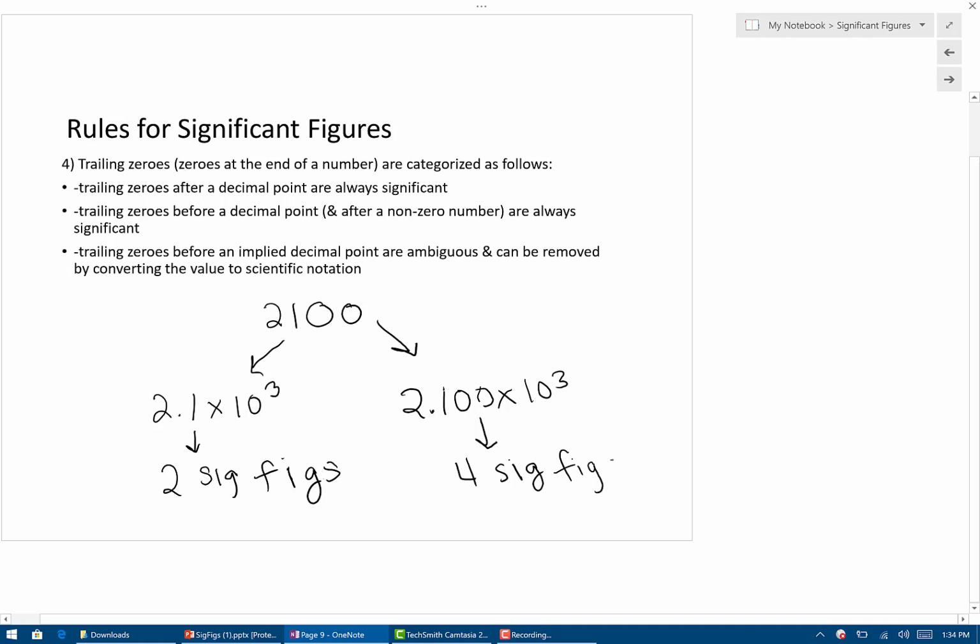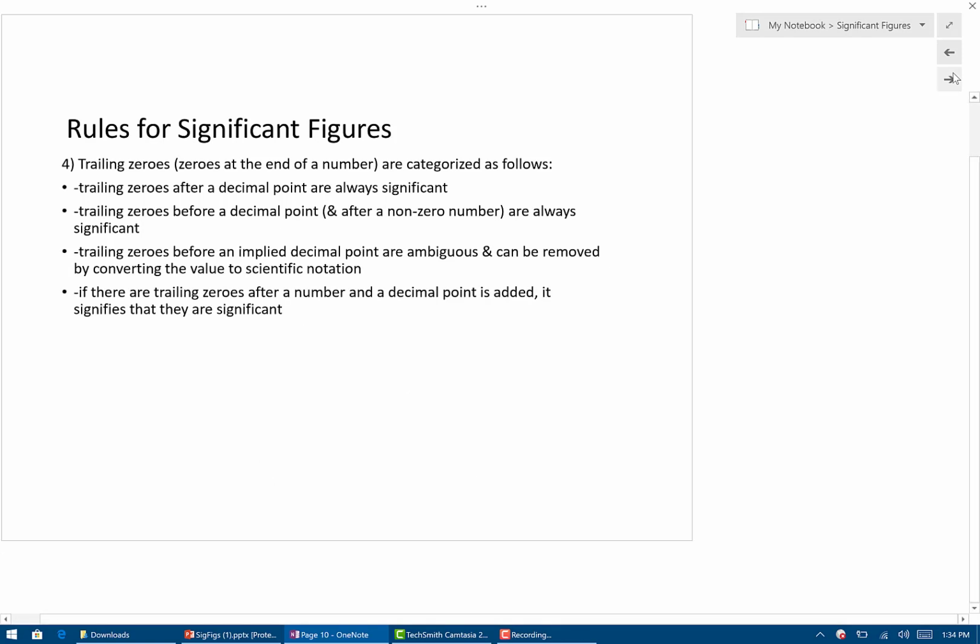So using scientific notation really helps to remove any ambiguity and be really clear about how precise we were in our measurements. And our last sub rule in this category, trailing zeros, is that if there are trailing zeros after a number and a decimal point is added, that signifies that they are significant.